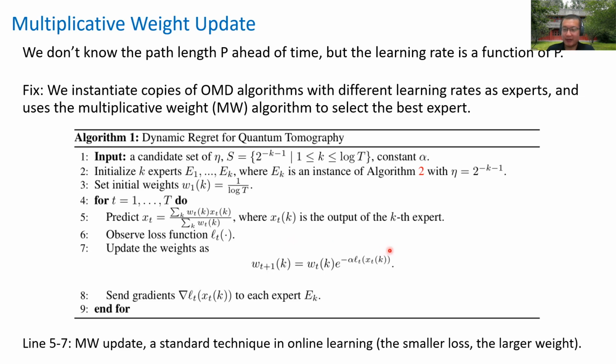This is something standard in online learning, typically called multiplicative weights, and there are proven guarantees to make sure everything works well. In our final algorithm, we combine these two together. Algorithm one is the main algorithm: after having a guess of the learning rate, we run online mirror descent for the learning quantum state problem.